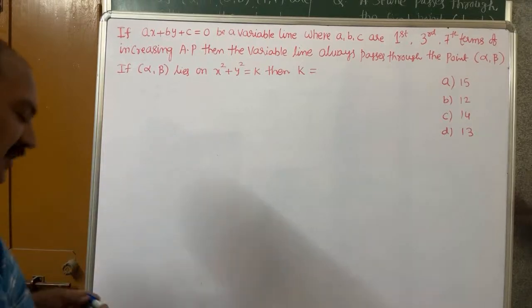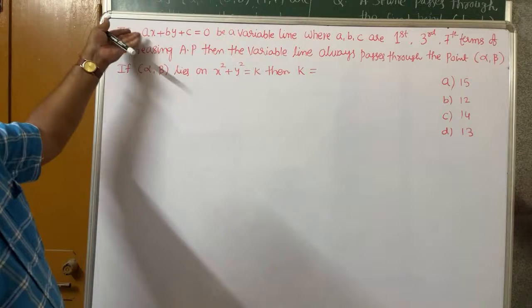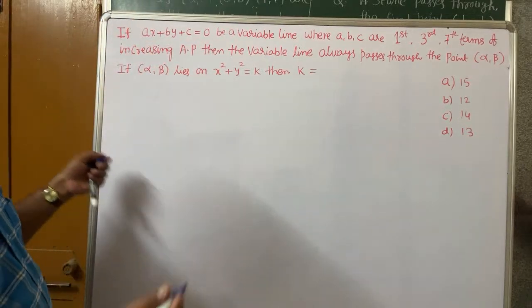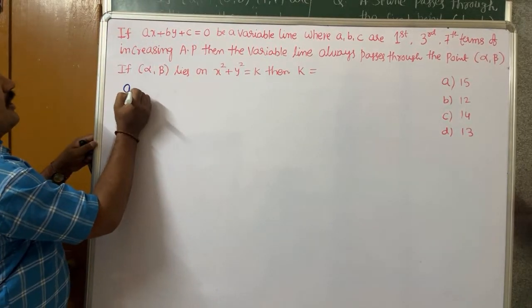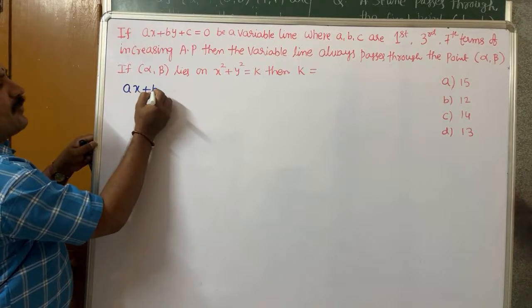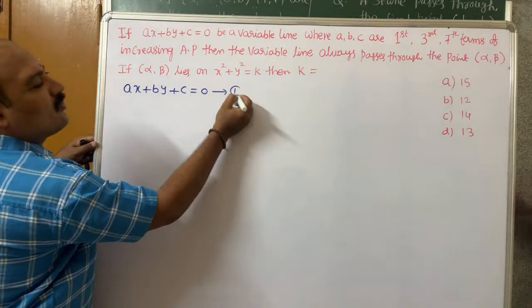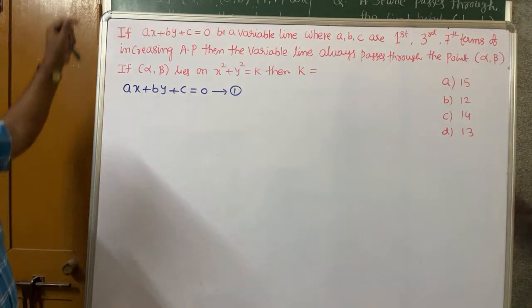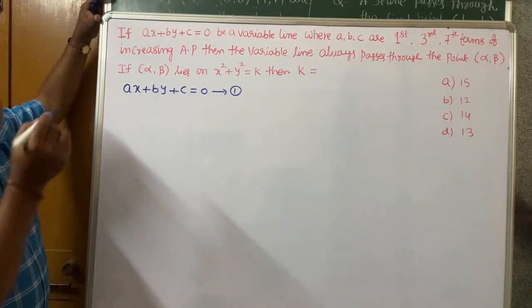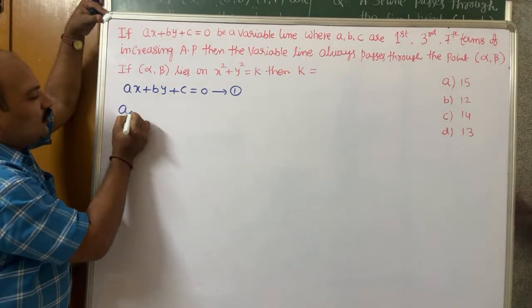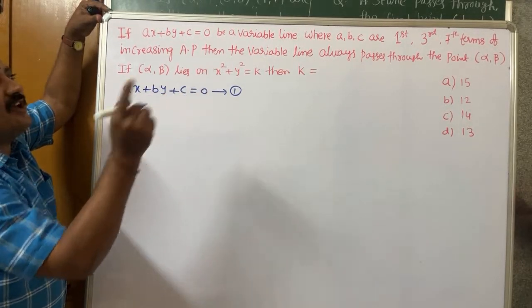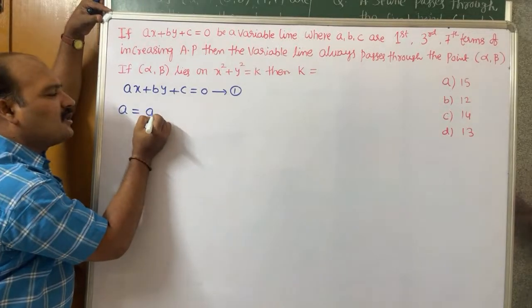Okay, students, ax plus by plus c equal to 0 is a variable line. So the variable line is ax plus by plus c equal to 0, equation number 1. Everyone got it? Next, a, b, c: a is equal to the first term of the AP. First term of AP is a only.